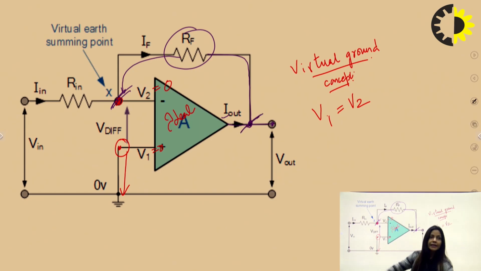So this feedback is very important, and this op-amp is working in the closed loop configuration. Here this is the input resistance, and a voltage has been given as input at the inverting terminal. That is how we can understand the op-amp configuration, or the op-amp circuit, as we can say.